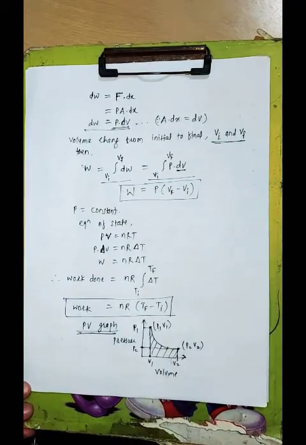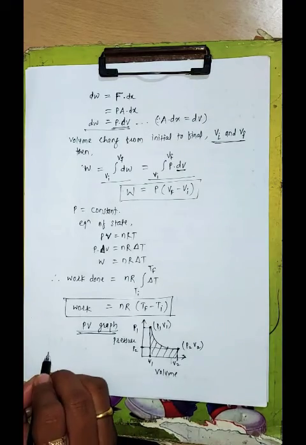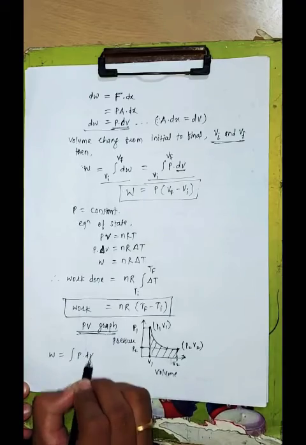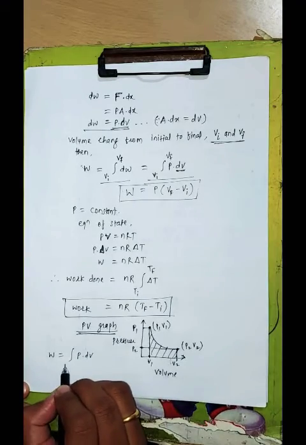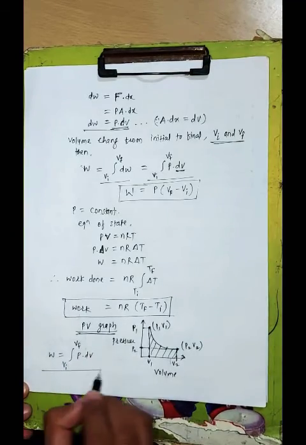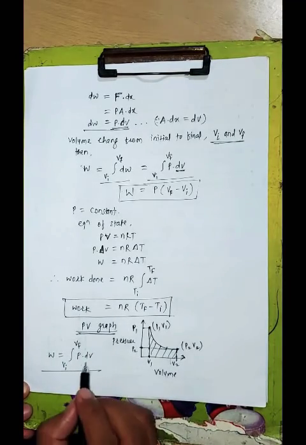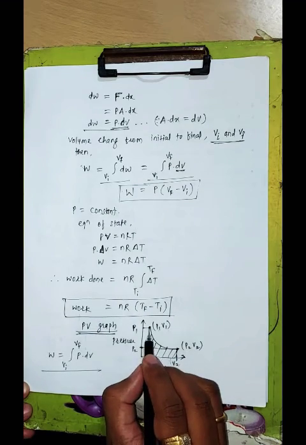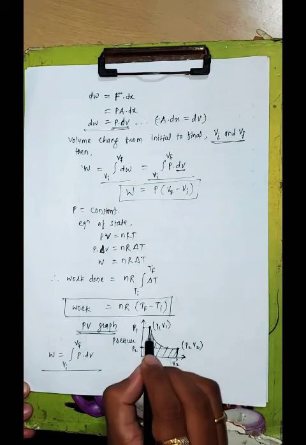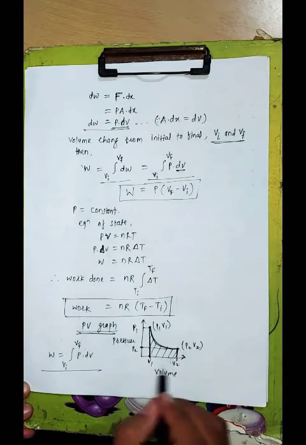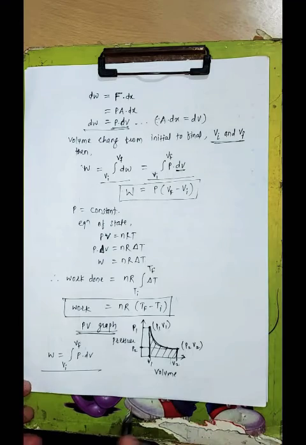We have an equation for work done, that will be the integration of P into dV, and that volume goes from initial to final position. So this is the equation we have, and that equation is applicable for this PV graph, or the area under this particular graph, which will be bounded by the pressure and volume variation.